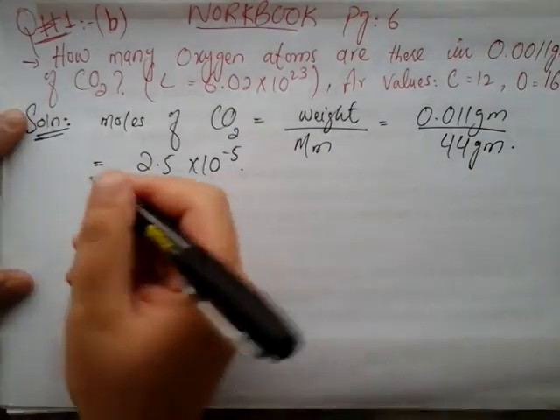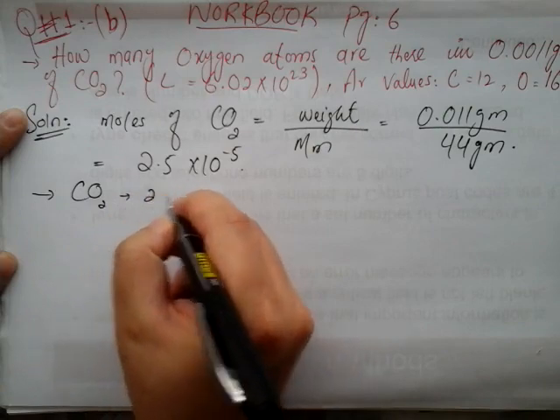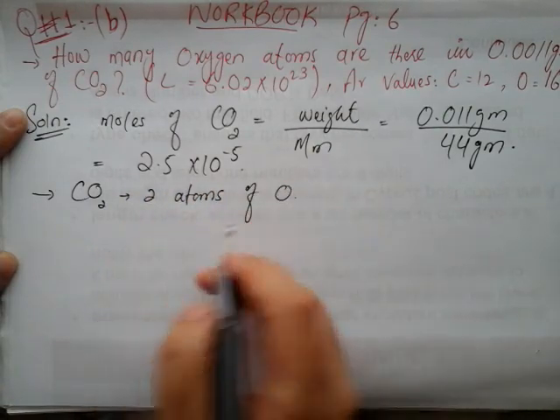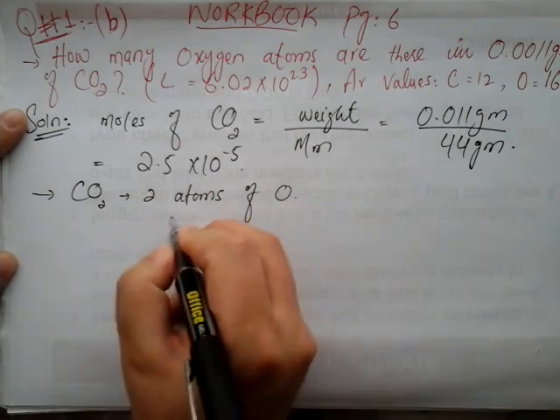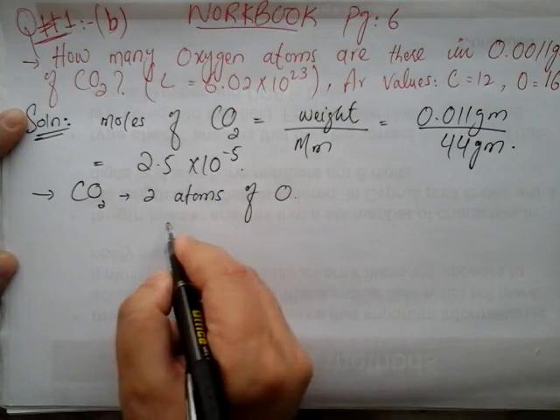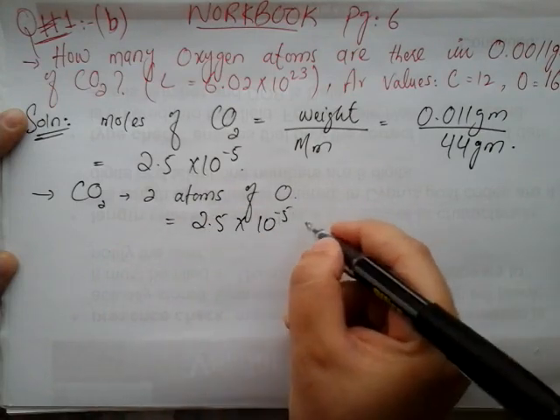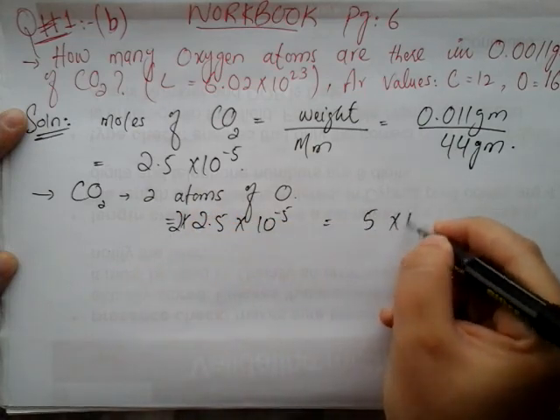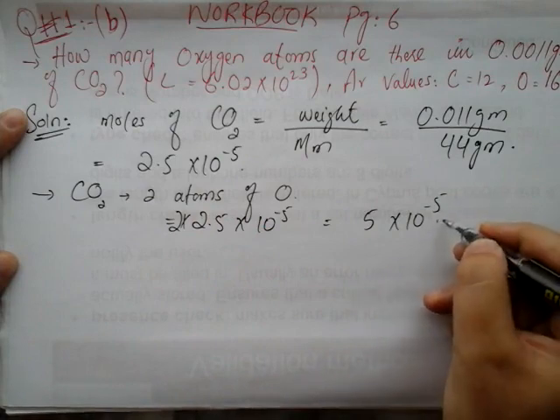If you see the carbon dioxide molecule, it consists of 2 atoms of oxygen. So we have to multiply this value by 2. So 2.5 multiplied by 10 raised to power minus 5 multiplied by 2 becomes 5 into 10 raised to power minus 5.